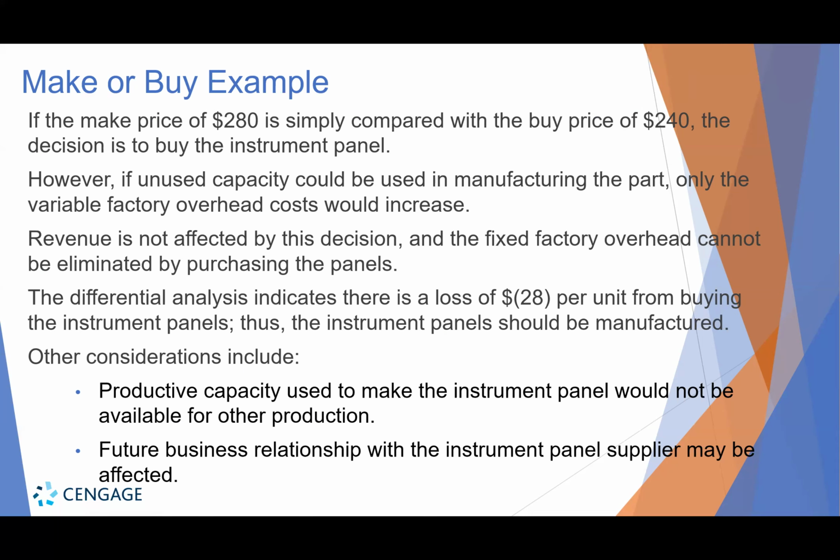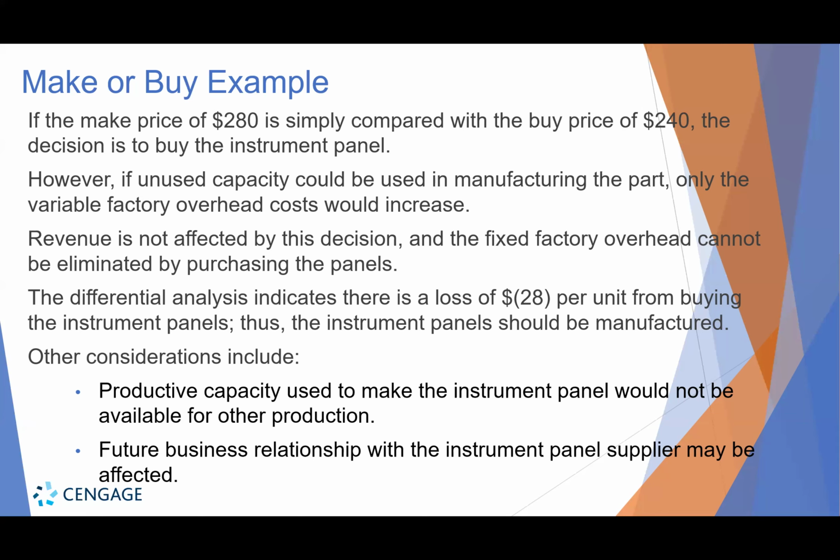But if we take into account the unused capacity we have in our factory, because we're only operating at 80%, then we would have a different scenario. So in looking at this differential analysis, there's a loss of $28 per unit from buying the instrument panels.